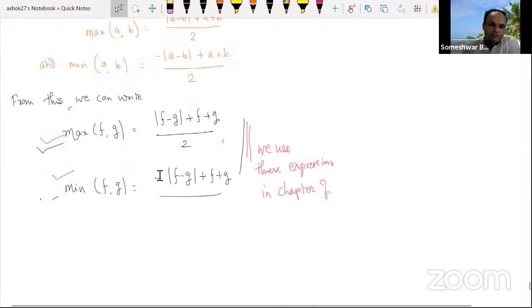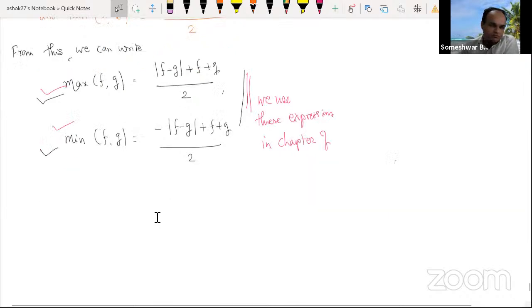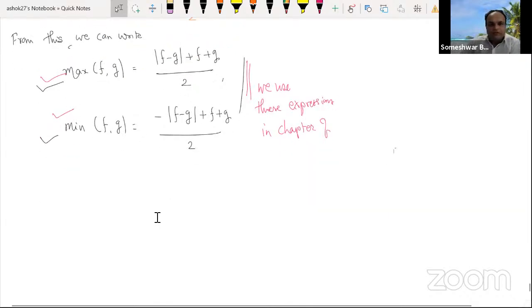Maximum of f and g equals mod of f minus g plus f plus g, divided by 2, and minimum of f and g equals minus mod of f minus g plus f plus g, divided by 2, where f and g are real valued mappings. Up till this we have seen in the last lecture, that is lecture number 5.